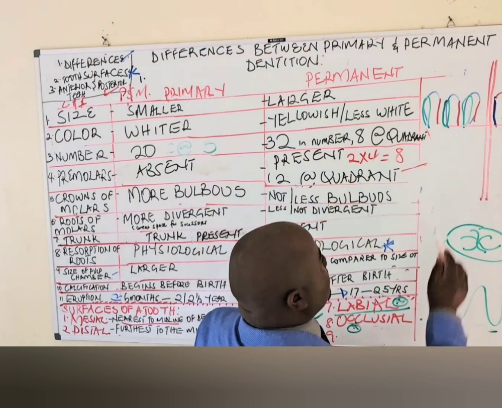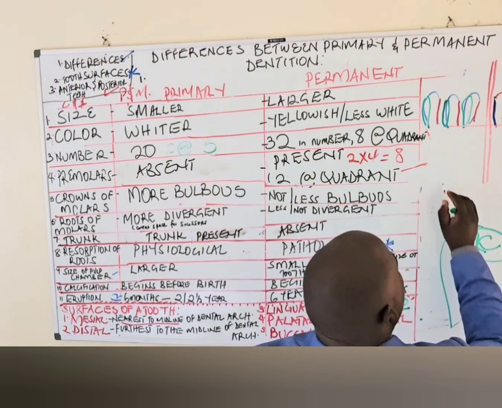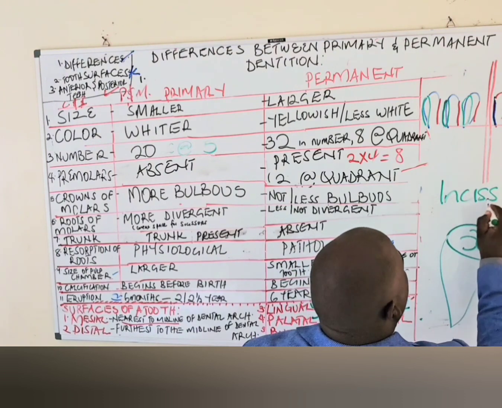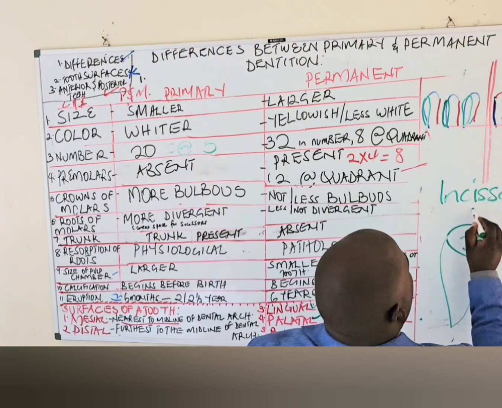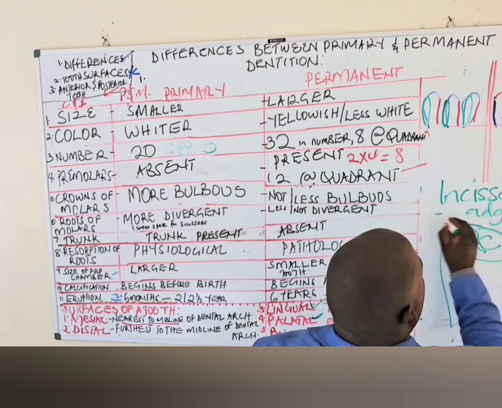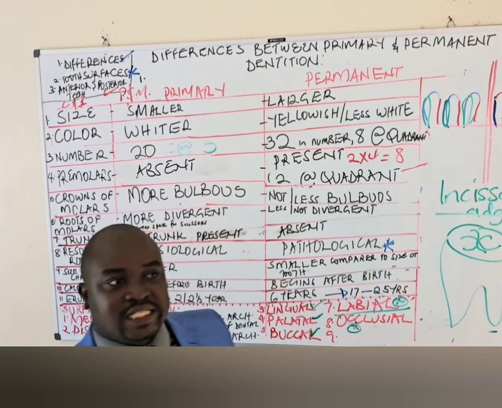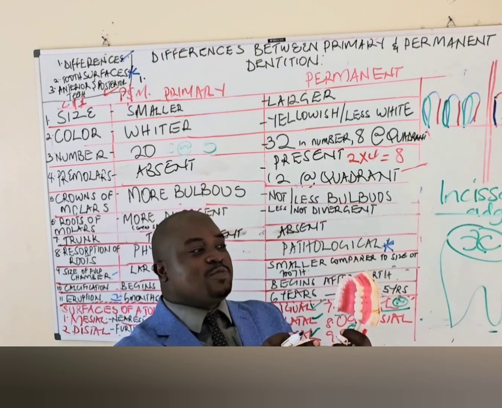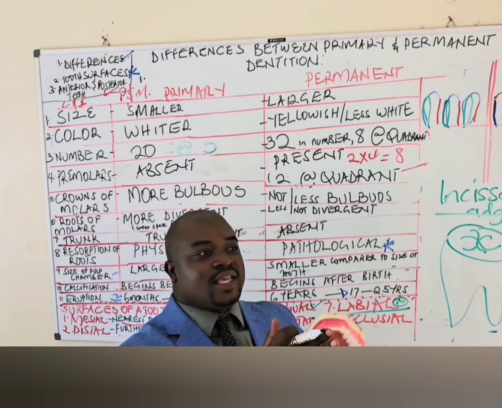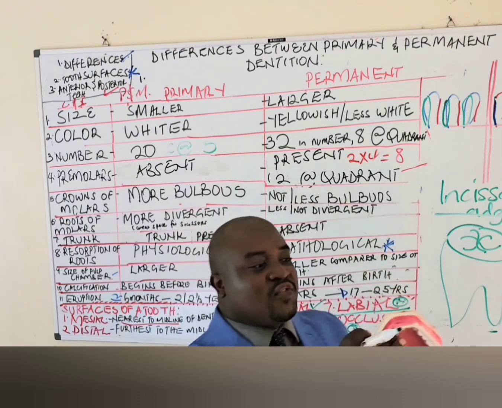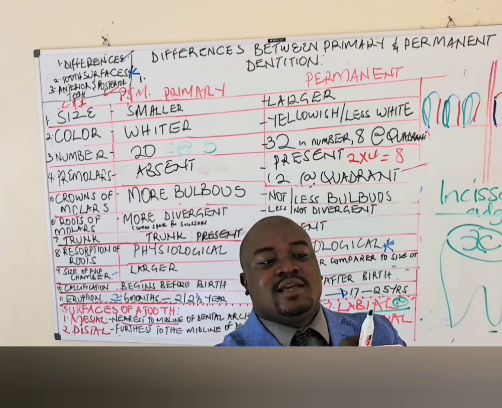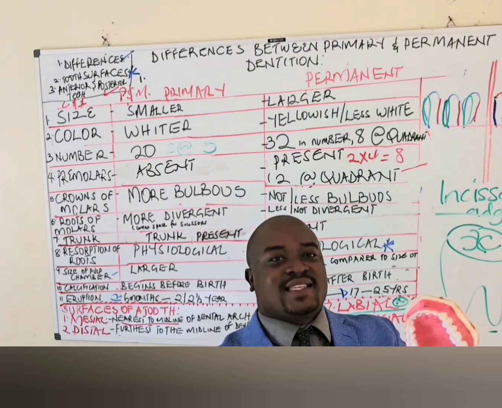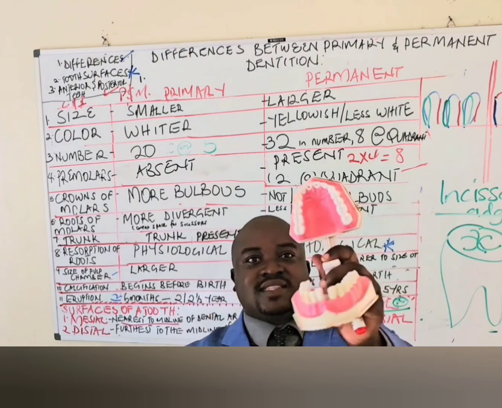Instead, they have something that we are going to call incisor edge. Incisor edge, because it is flat. For these anterior teeth, the incisors, they do not have a surface.